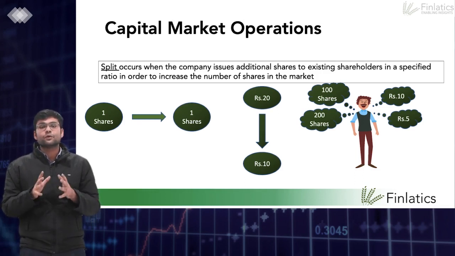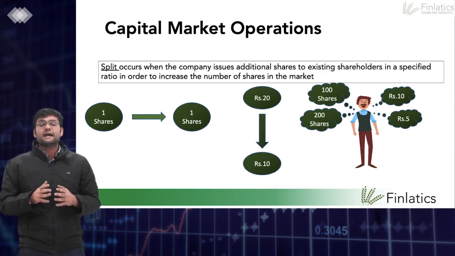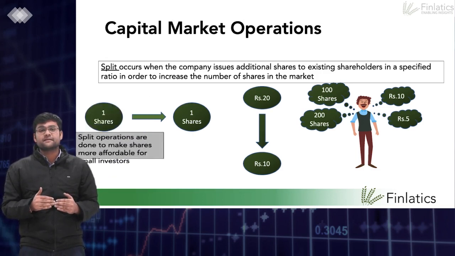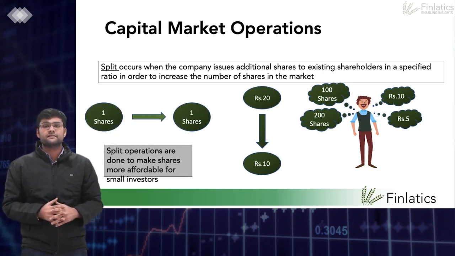This leaves the total value of your holdings unchanged in the event of a stock split. A split is usually done by a company in order to make its shares more affordable for small investors.